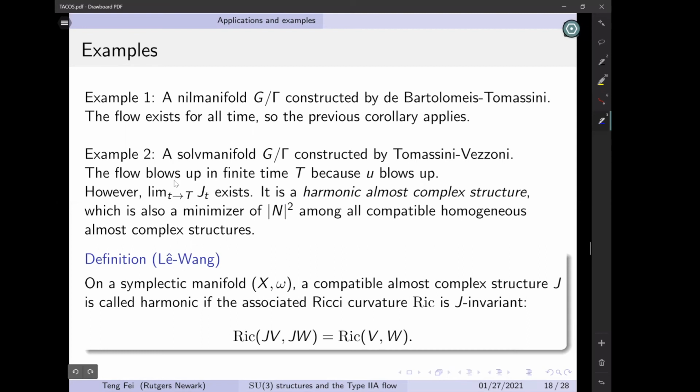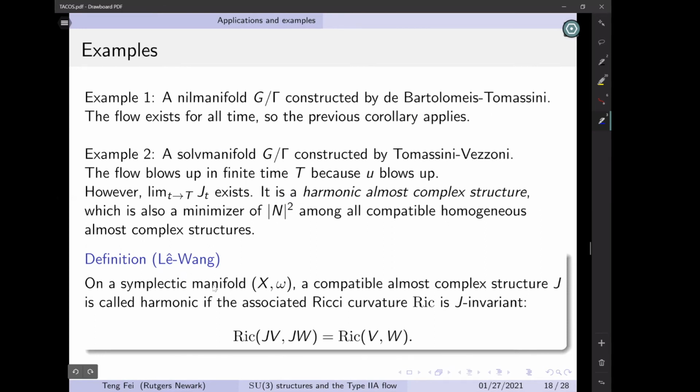So this limit exists. And this converging or limiting almost complex structure is in some sense an optimal one. It is a harmonic almost complex structure, which I'll explain later. It's a minimizer of the Eigenhus tensor among all compatible homogeneous almost complex structures.